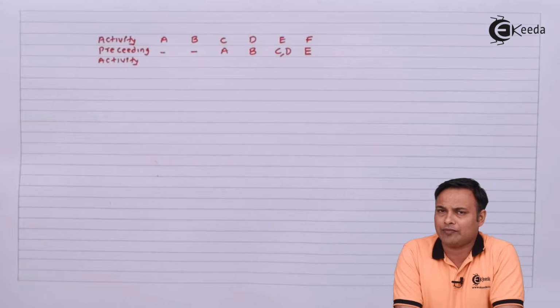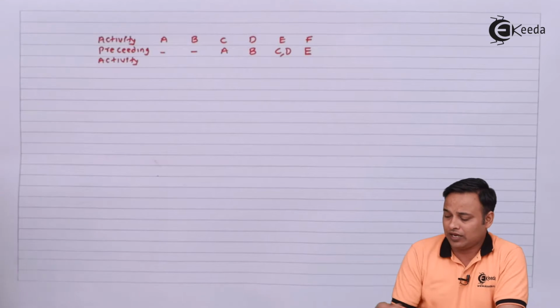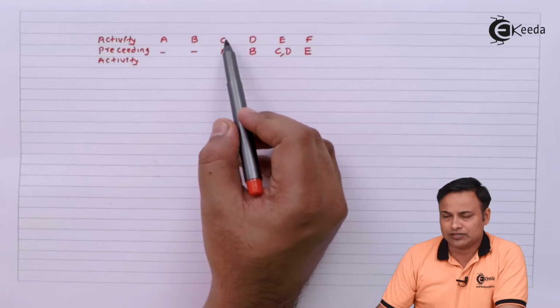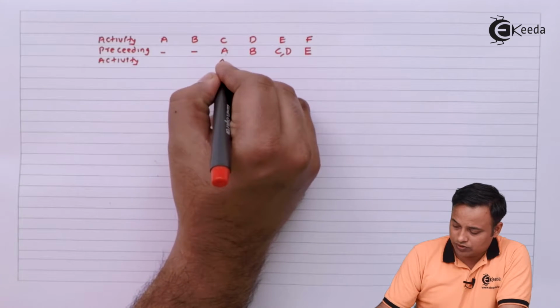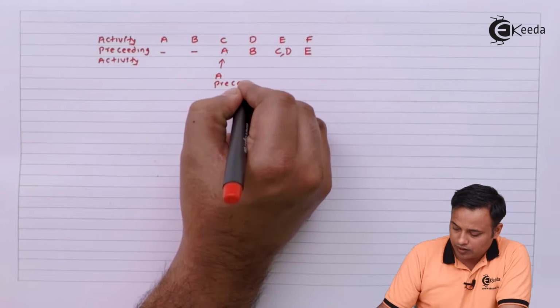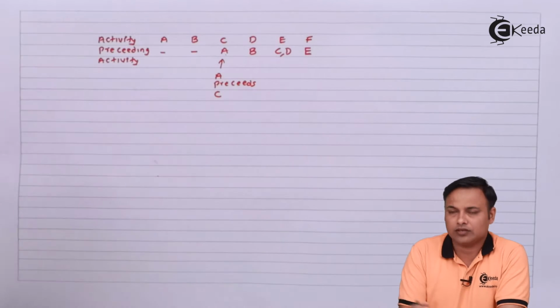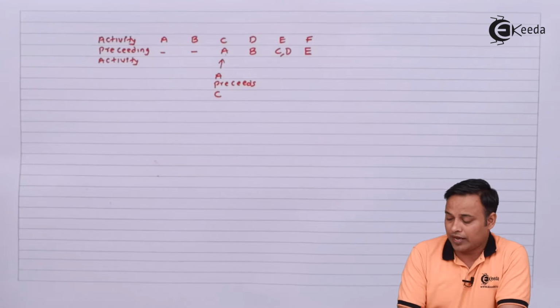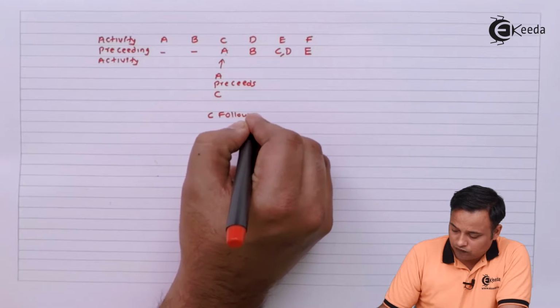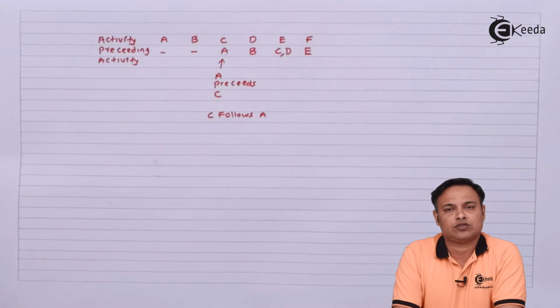So I can say A and B are the initial activities or the starting activities of the project, and after A we have C. So I can say A precedes C. This can be understood as A precedes C, or this can be looked upon as C follows A. So C will start after completion of A.